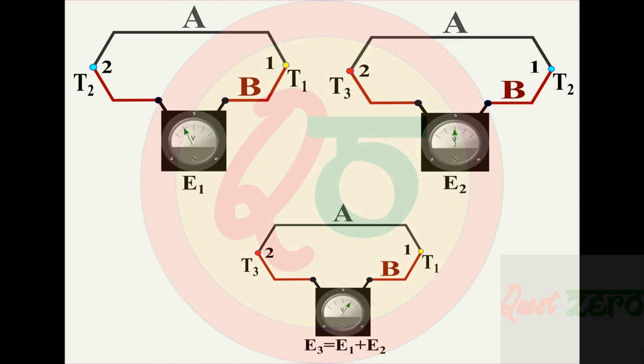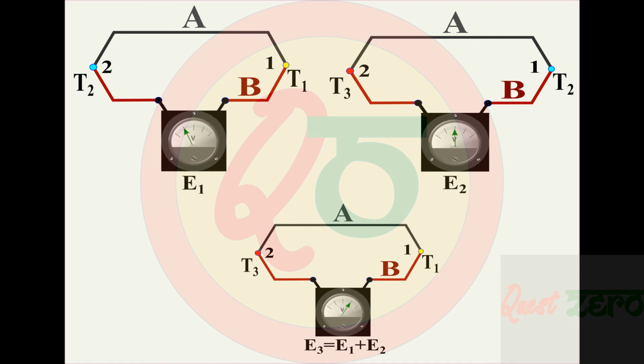For example, T1, which is the temperature at junction 1, represented by a yellow dot, or you can say the temperature being medium, and T2 being a very cool temperature at junction 2. This creates an EMF. If you observe the voltmeter, let's take the reading to be 5 units, 5 volts.